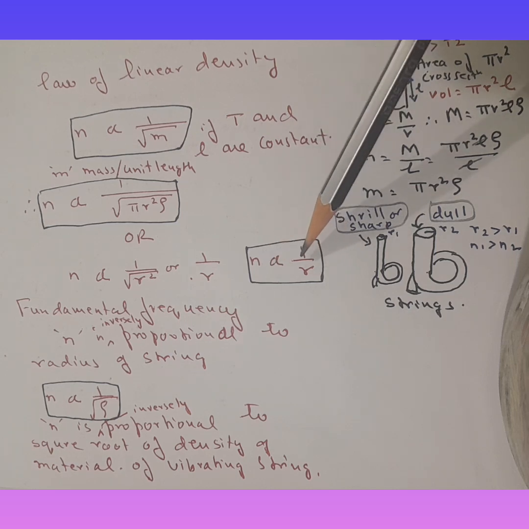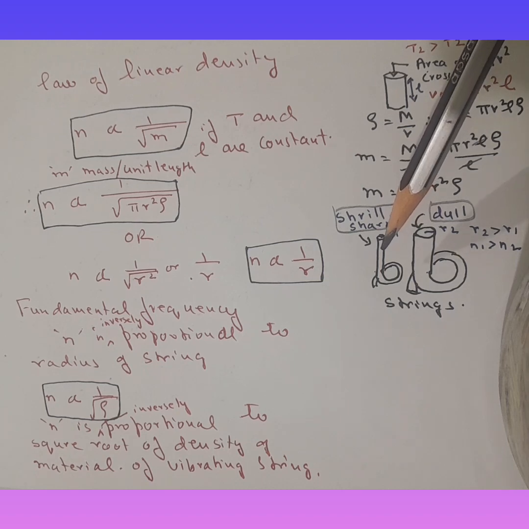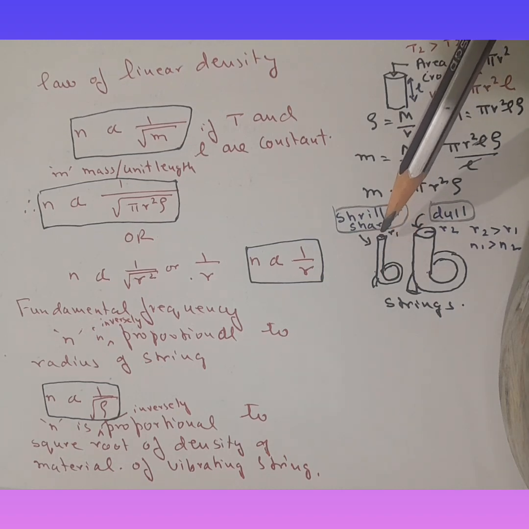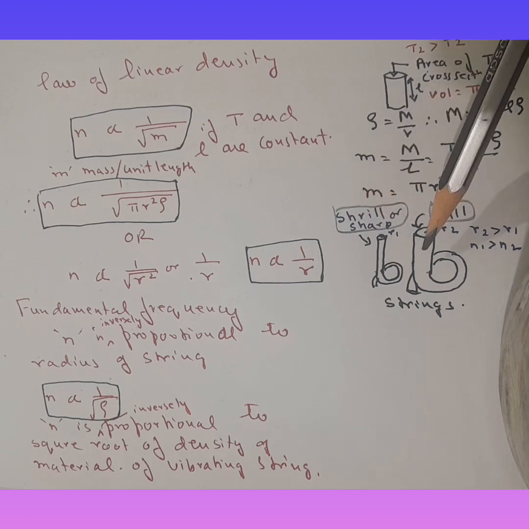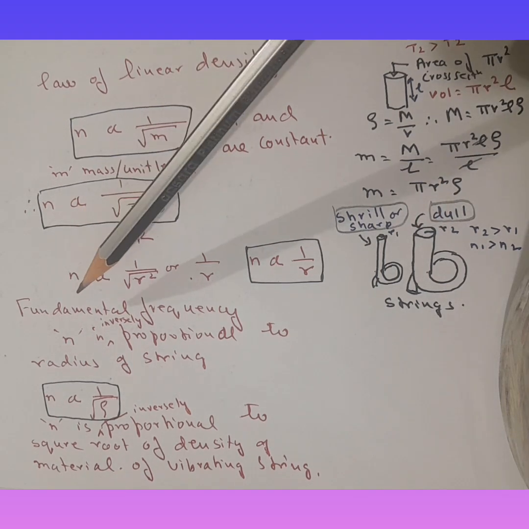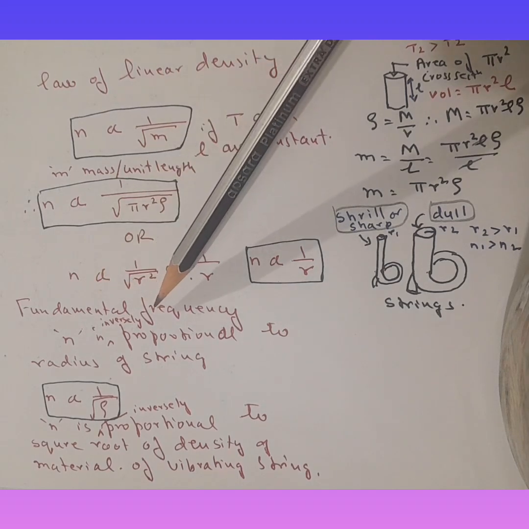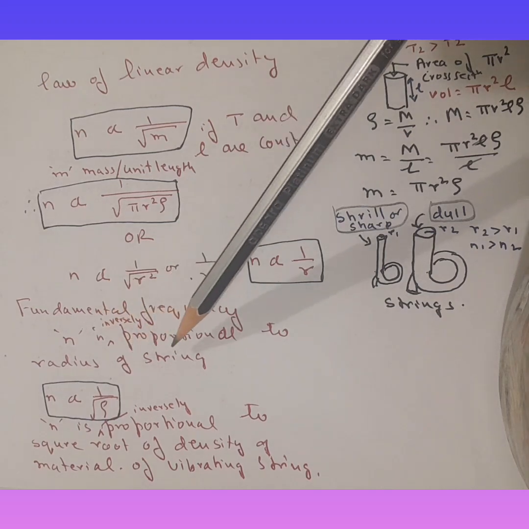That is, n is inversely proportional to r. We can also guess this via a wire. If a wire is thin, the radius is small, then it produces shrill sound. If the wire is thick, the radius is more, then the wire creates dull sound. So fundamental frequency n is inversely proportional to radius of string.